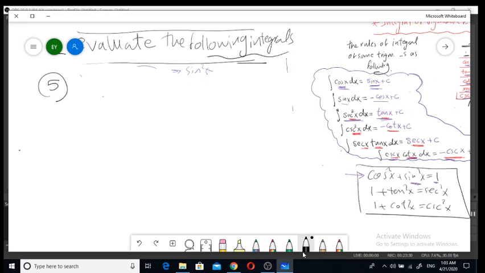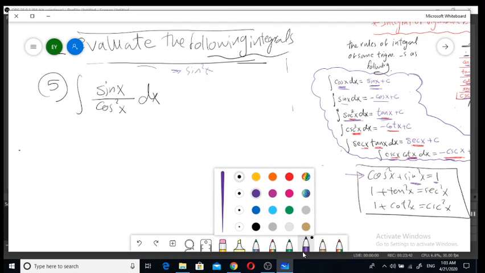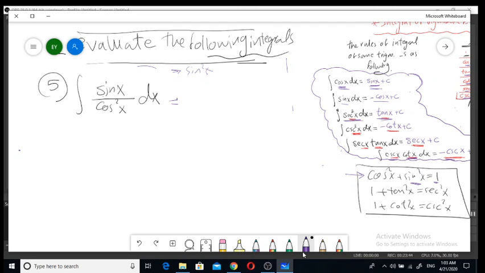Problem 5. If we need to integrate sine x over cosine squared x dx. We have sine x over cosine squared x.